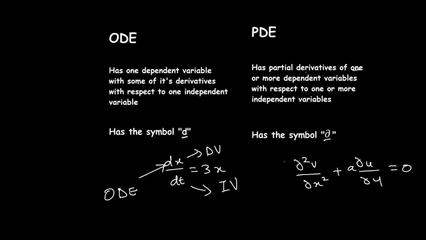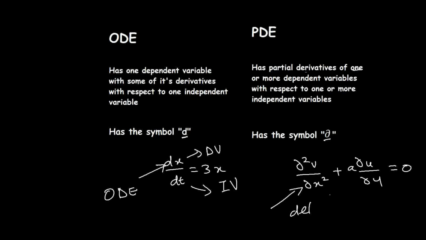Is this equation here a partial differential equation or an ordinary differential equation? First of all, from the symbol that we have here, you know that this is del or curved d, so it is a partial differential equation.